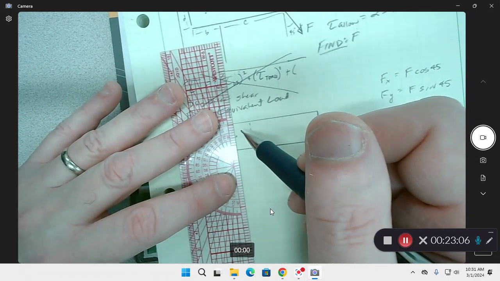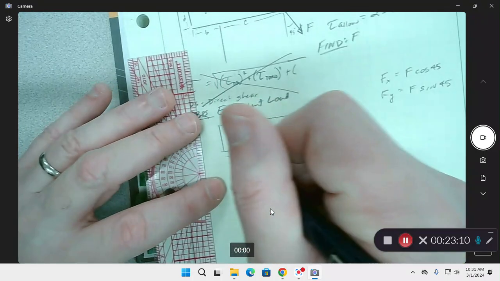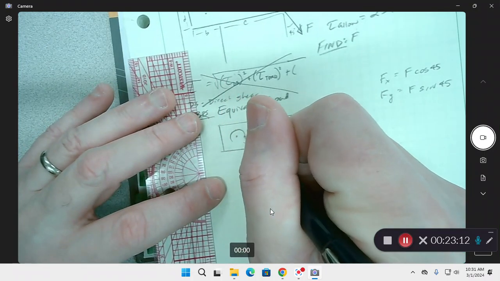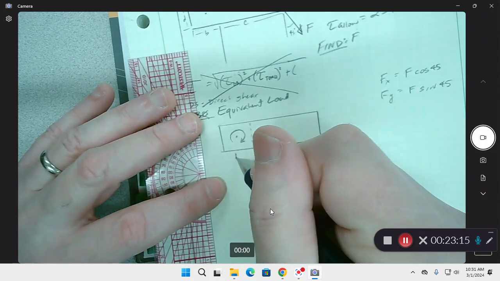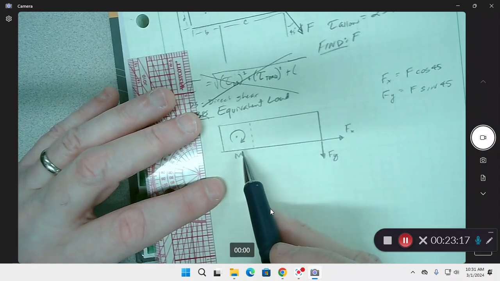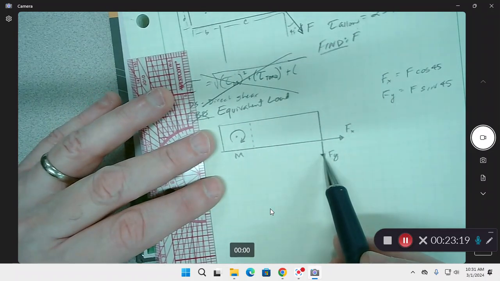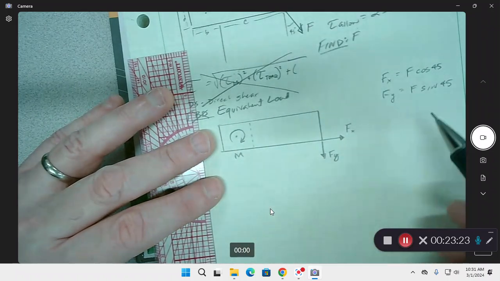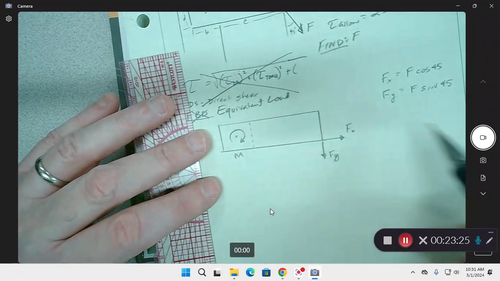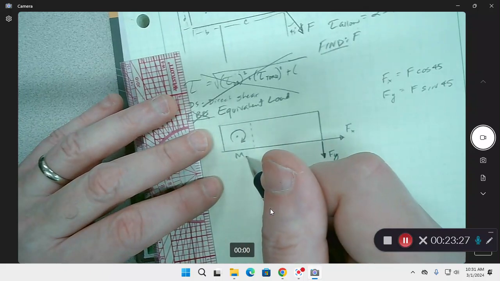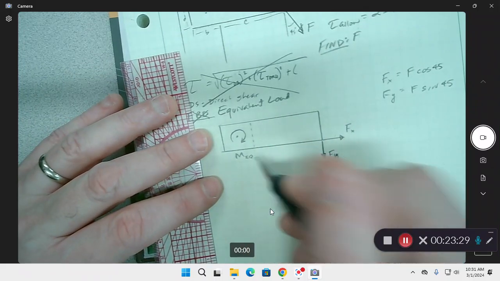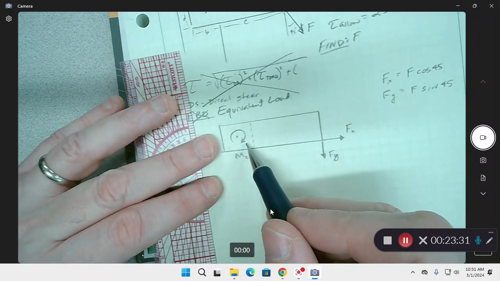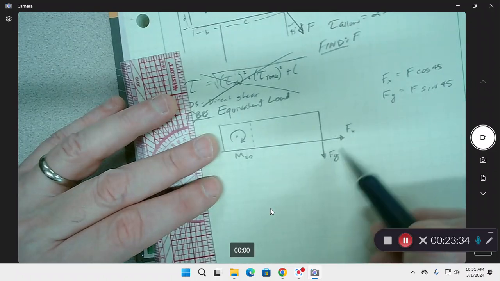So we're trying to find the moment, aka torque, that we get because of these two right here. We need that for the torsion equation right here, this equivalent moment. Let me go. The equivalent moment. This is not the reaction moment. This is the moment that's created by these two forces.